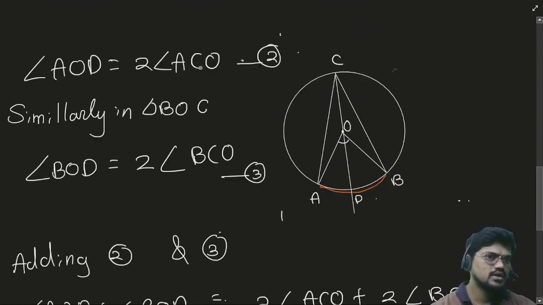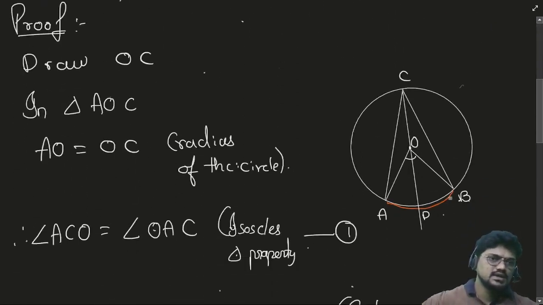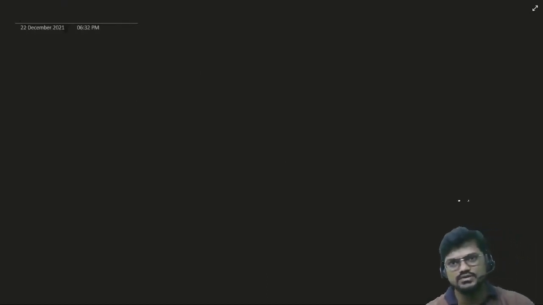Got it? Now what do you get? That means the angle at the center subtended by the arc of a circle will be twice of the angle which it will subtend at any point on the circle. That means I'll give you an even clearer definition of this.